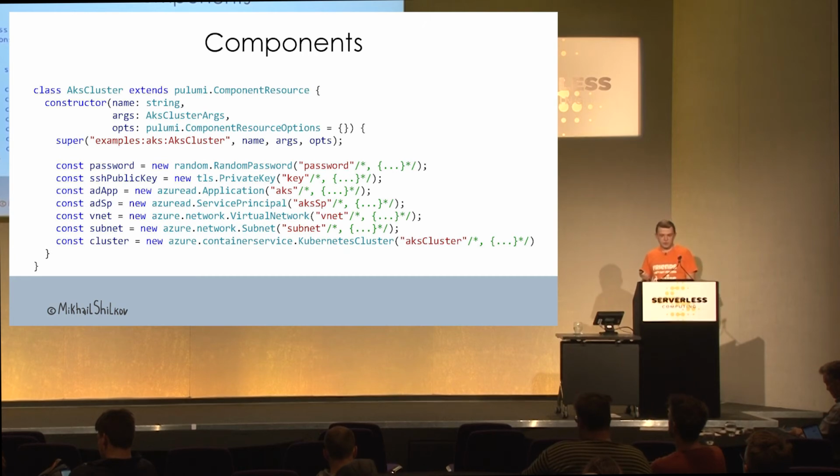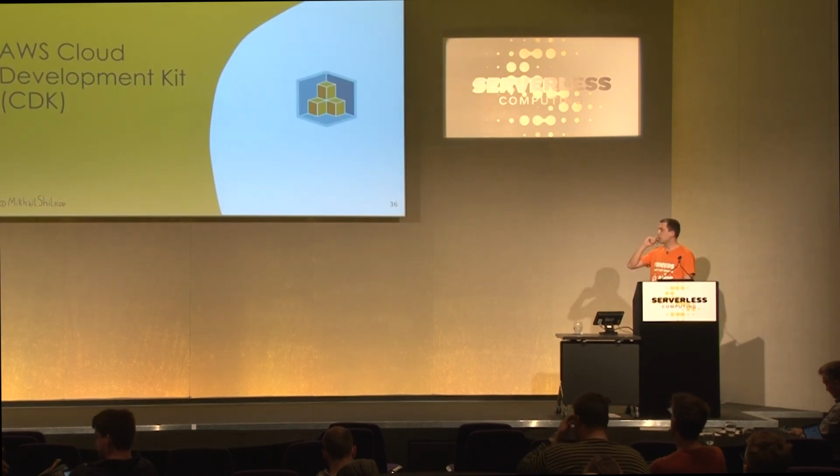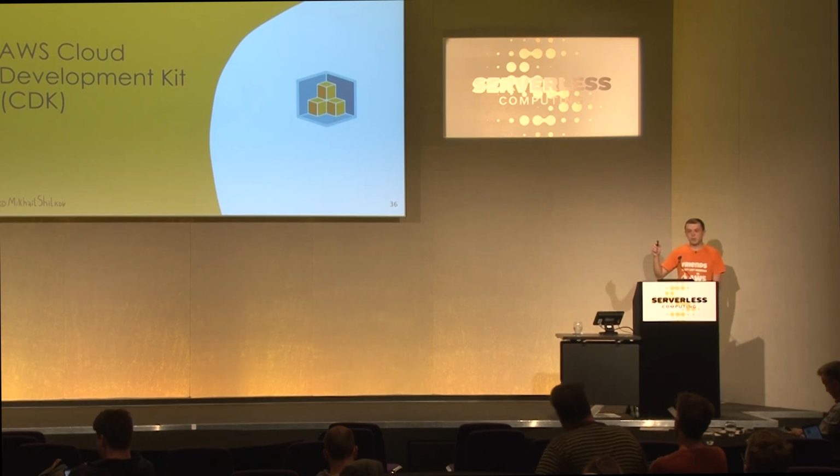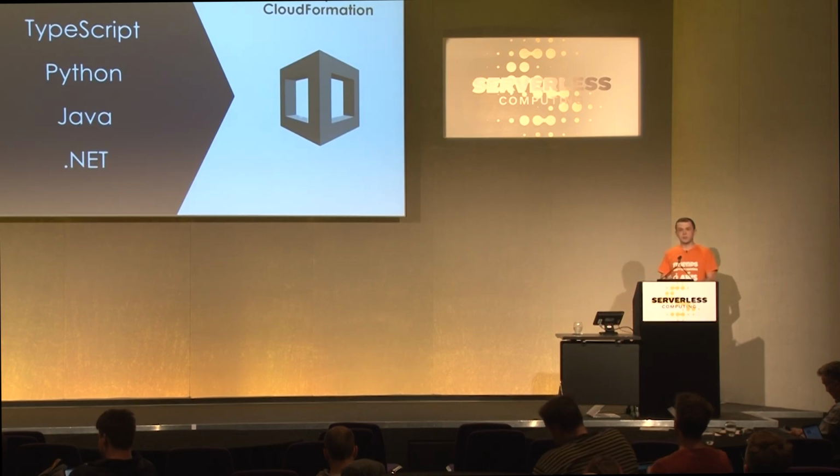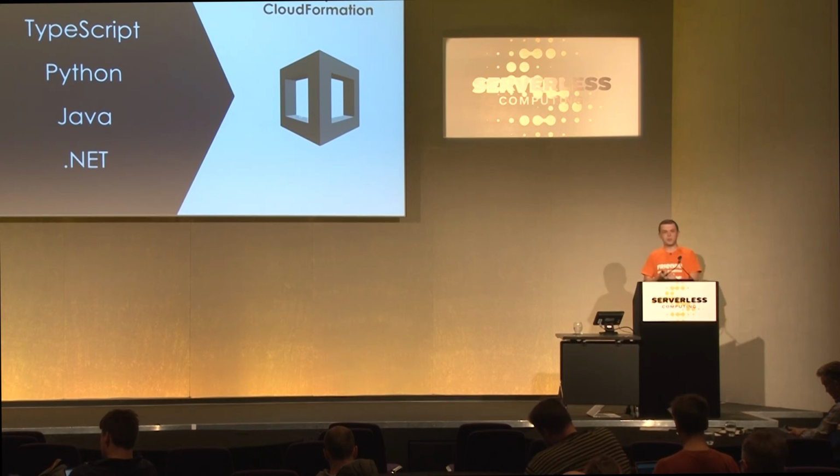So Pulumi is not the only one which brings general purpose languages to the infrastructure. AWS has their own cloud development kit, CDK, which I think was just released 1.0 not that long time ago. And the idea is similar, that you use TypeScript, Python, Java, .NET to define your infrastructure, the desired state of your infrastructure.